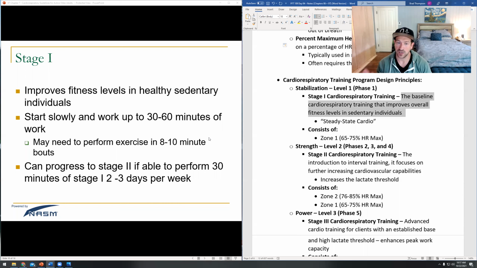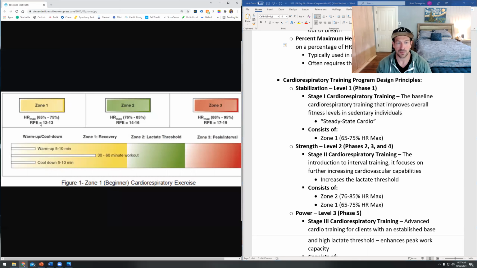You want to start by working up to 30 to 60 minutes if they can, somewhere between 65 and 75% of their heart rate max, which is that zone 1. Or you want to say, hey, I want you to go for a jog a couple times this week, and I want it to be on an RPE of like 12 to 13, right?